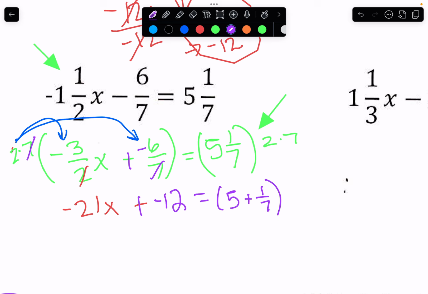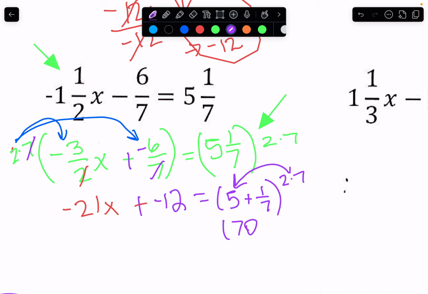So I'm going to multiply that times 14. Or I can also call it 2 times 7, right? That's what I wrote originally. So let's write 2 times 7. All right. 5 times 2 is 10. Times 7 is 70. So I'm going to have 70 over here.